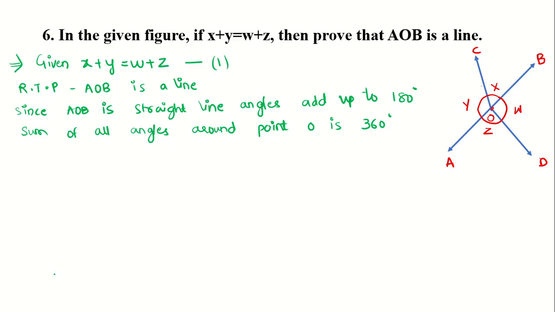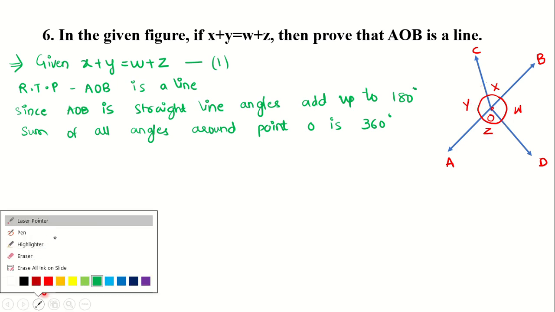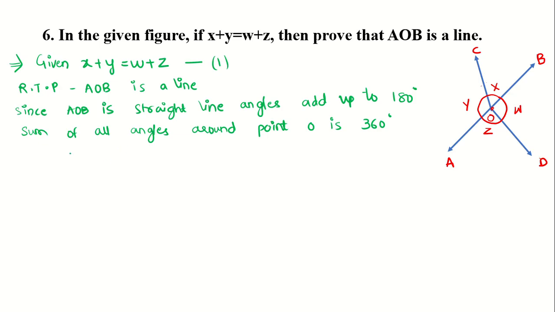They are X, Y, W and Z. A point O is given and around this point there are 4 angles. And the property it follows is intersecting lines. Now the sum of all angles around point O is 360 degrees. The angles X, Y, W and Z add up to 360 degrees.